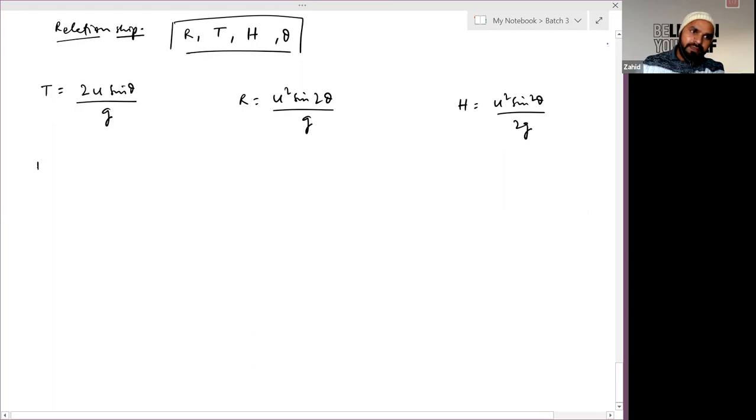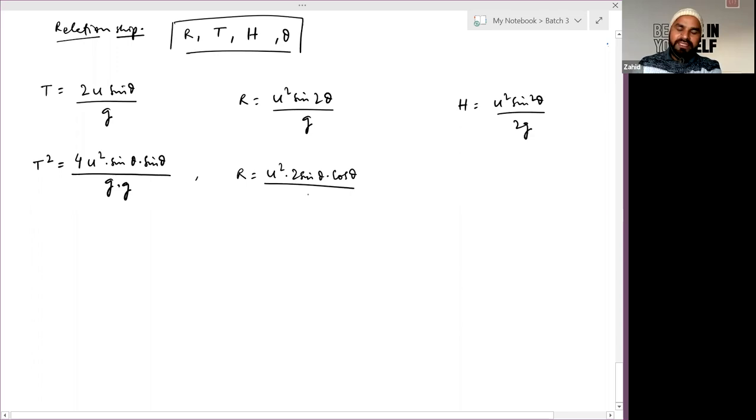That's why I'm taking t square equals 4 times u square sine theta into sine theta divided by gravity square, so it will be g into g. Similarly, we may write range as u square 2 times sine theta into cos theta divided by gravity, and height is equal to u square sine theta into sine theta divided by 2 times gravity.